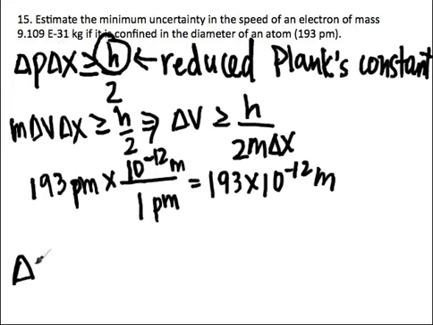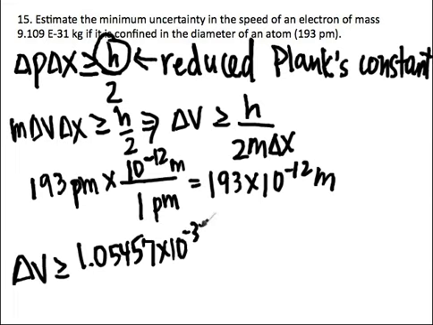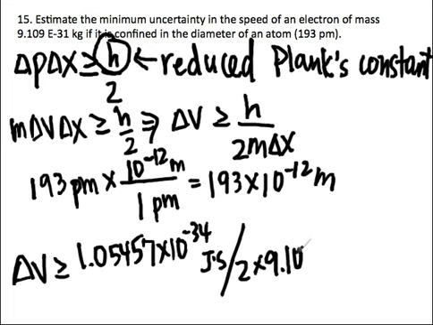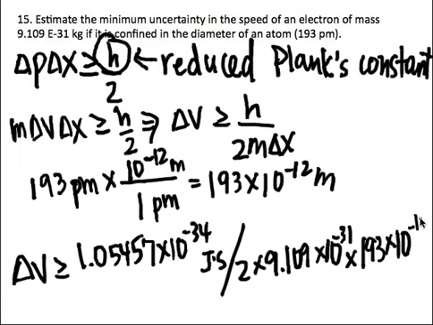So the minimum uncertainty in the speed is with a reduced Planck's constant 1.05457 times 10 to the negative 34 joules times second divided by 2 times the mass, which is 9.109 times 10 to the negative 31 times 193 times 10 to the negative 12.